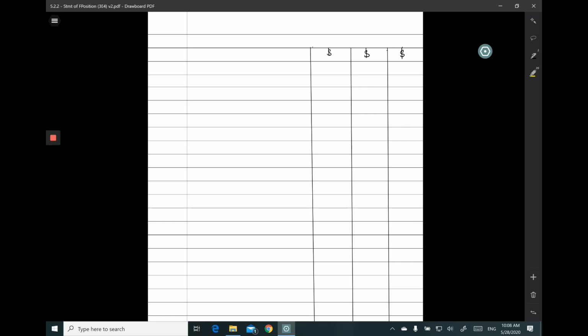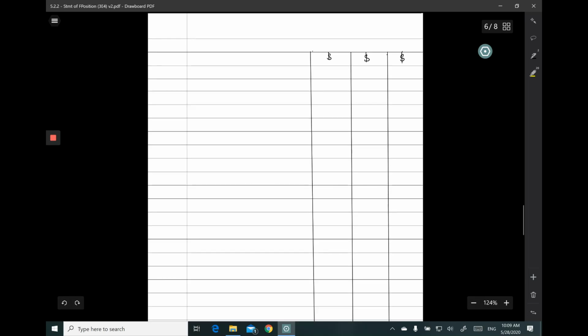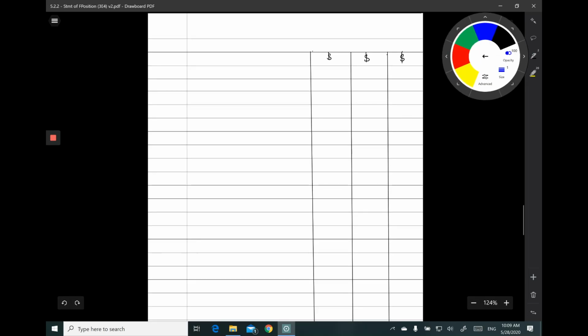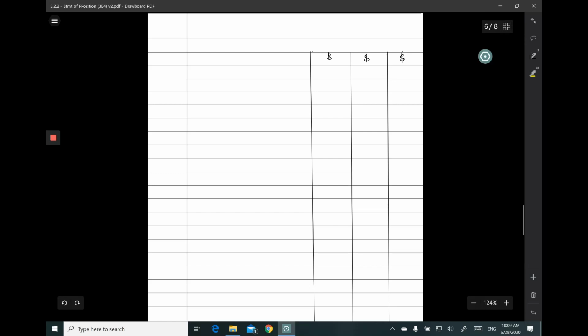But for this question, there's no business name given. So I am going to just write down a placeholder to remind you that in any statement that you prepare, be it statement of financial position or statement of financial performance, you need to write down the business name. So I'm just going to write down a placeholder just to remind you that you need to start off with a business name.